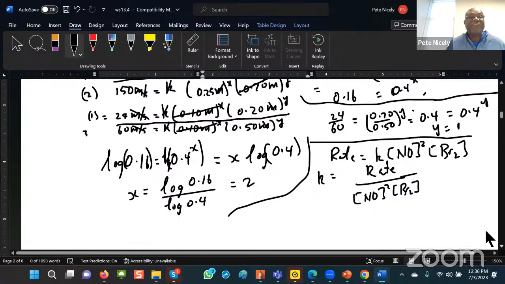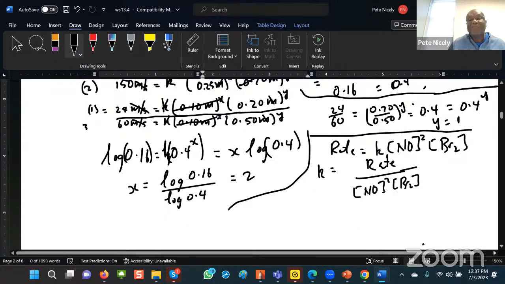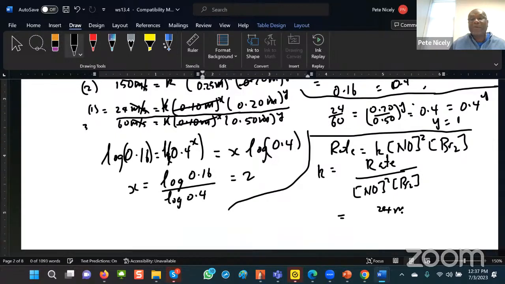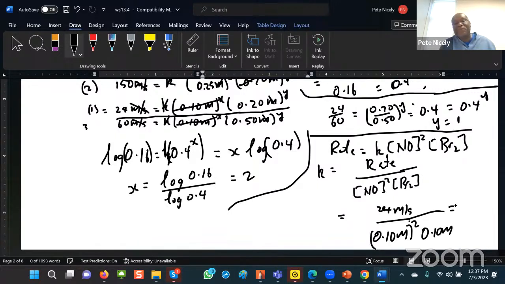So the numbers from the first set of data would be, the rate would be 24 M over S divided by concentration of NO, which is 0.10 M squared, multiplied by, excuse me, 0.10 M raised to the 1, and that would give you the rate constant.